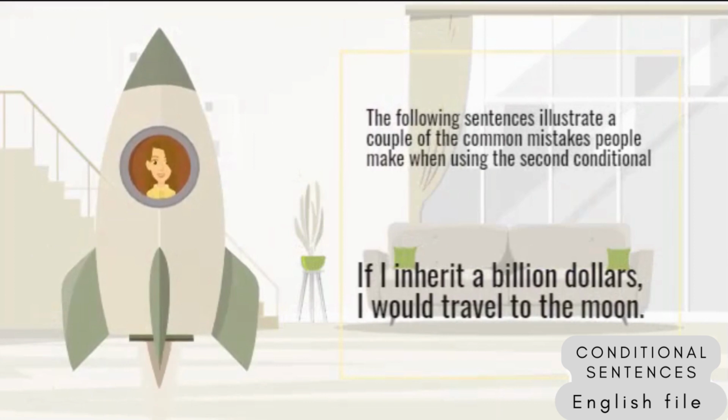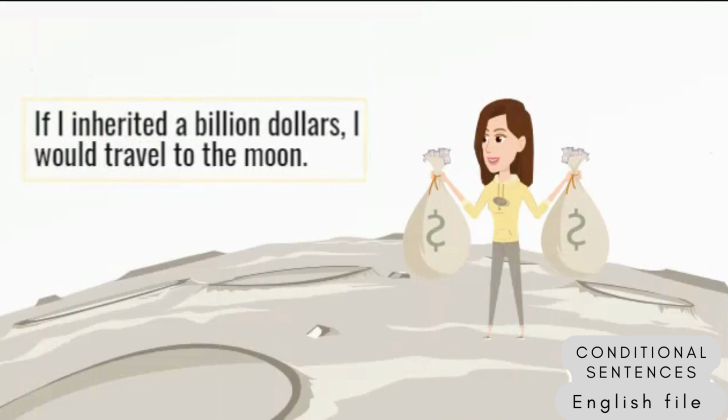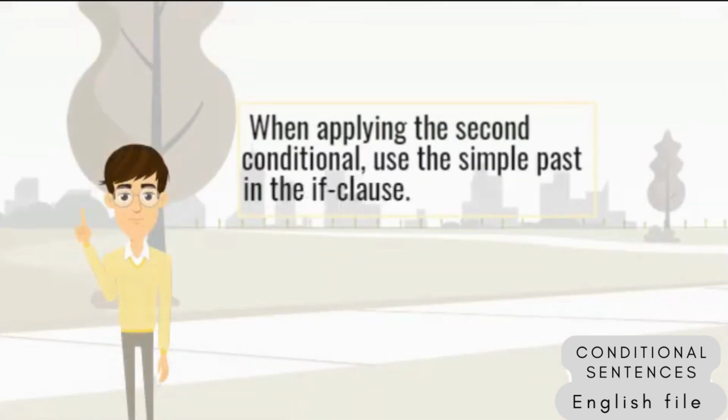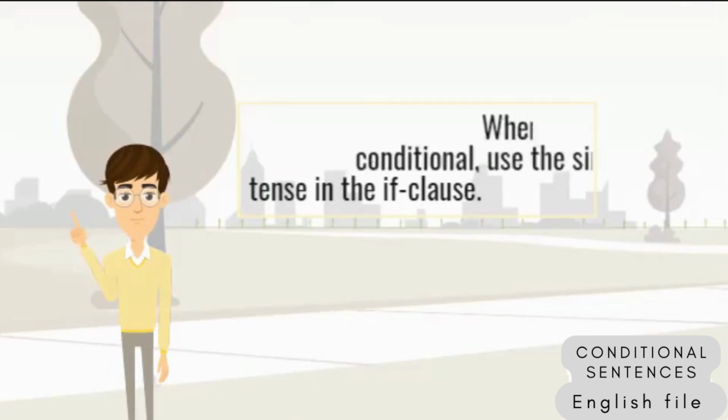The following sentences illustrate a couple of the common mistakes people make when using the second conditional. If I inherit $1 billion, I would travel to the moon. If I inherited $1 billion, I would travel to the moon. When applying the second conditional, use the simple past tense in the if clause.